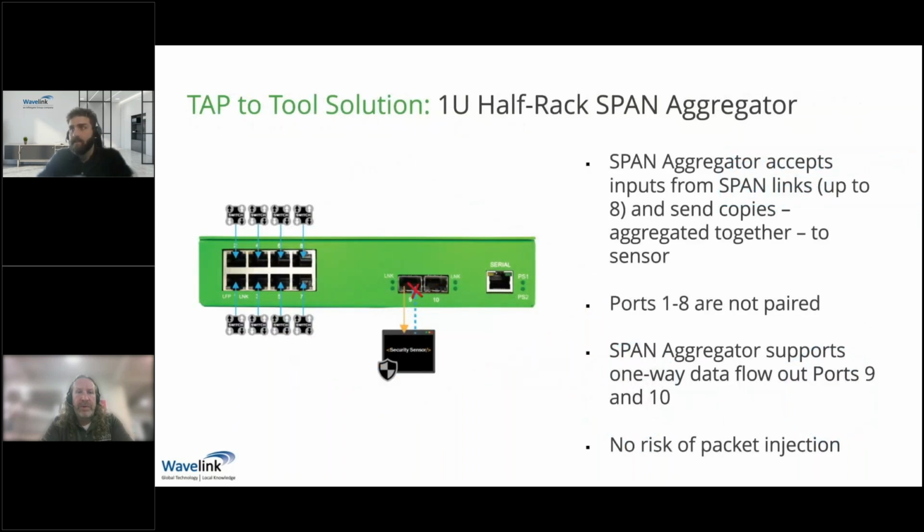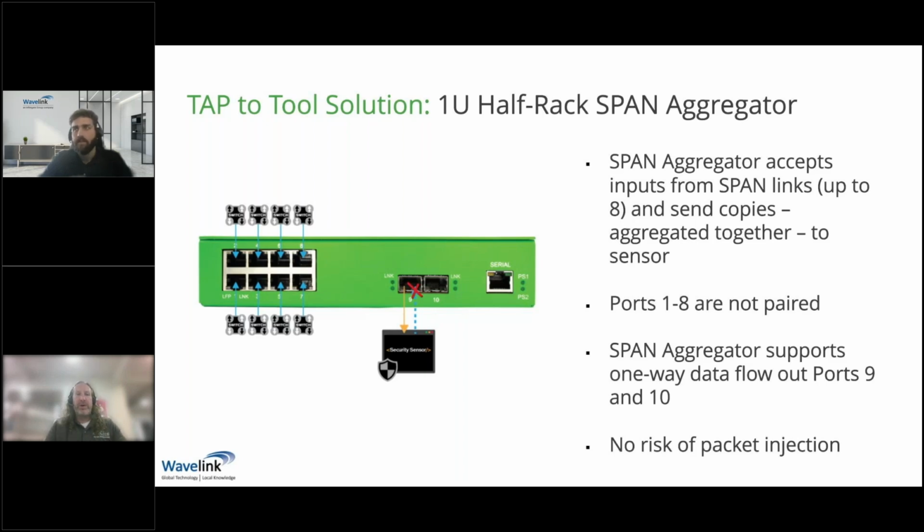Yeah, so two things. One is, we mentioned in the beginning that one of the challenges and risks with using a span port is that it can be bidirectional, so it could be a potential access point. When dealing with some Australian SOCI regulations with certain utilities, they have to have essentially a data diode physical point where if you take in span to a sensor, you have to put a piece of hardware in between to make sure that there's no physical way to send traffic back to the live network.